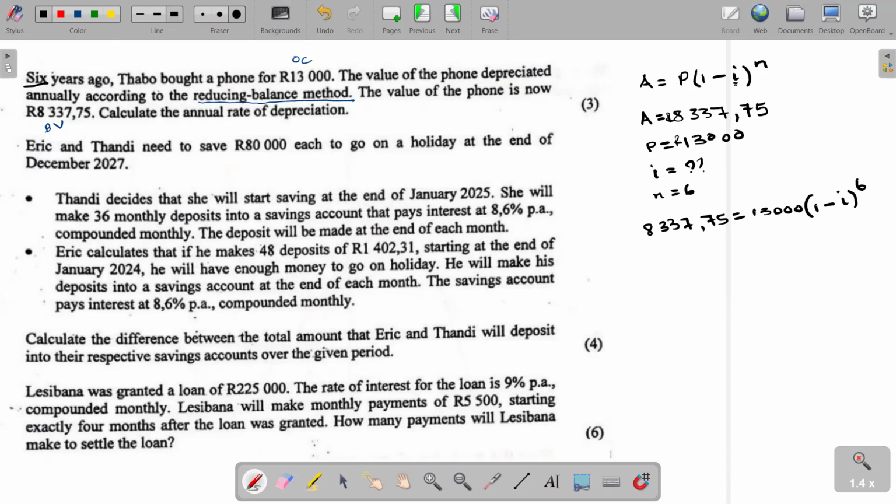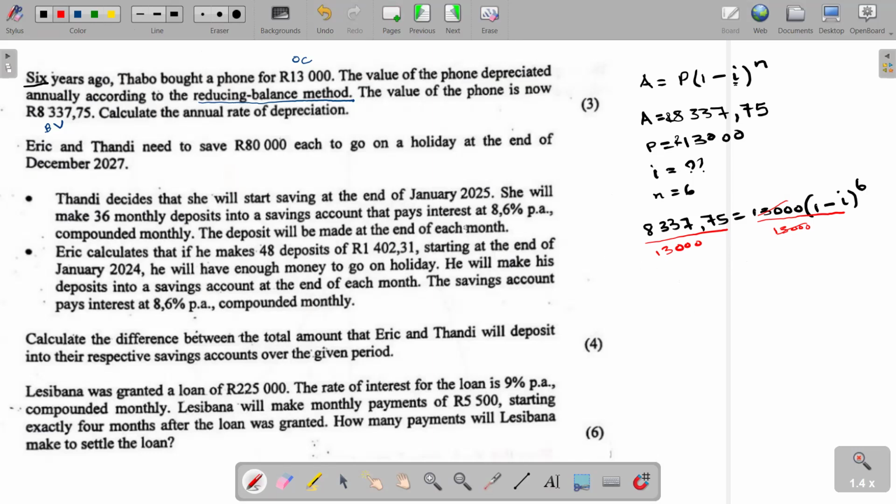So from here we have substituted, and we now want to solve the equation. So we are going to divide both sides by 13,000. This one and this one are going to cancel each other.